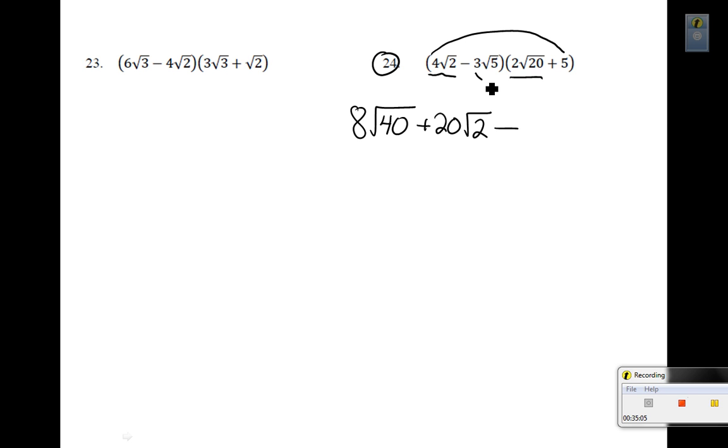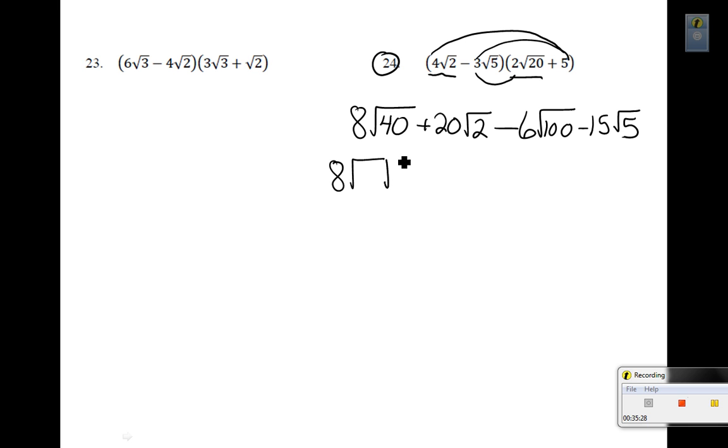Minus, now let's go on this inner here. I got 6 square root of 100. Now let's do our last. So I'm going to have minus 15 radical 5. Now we're to an exact same problem like number 13. This becomes 8.